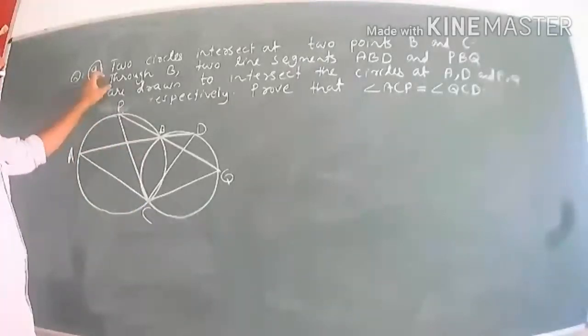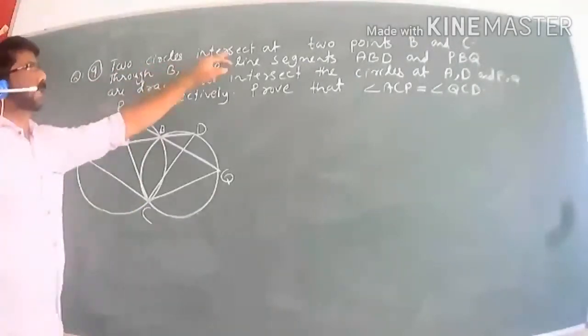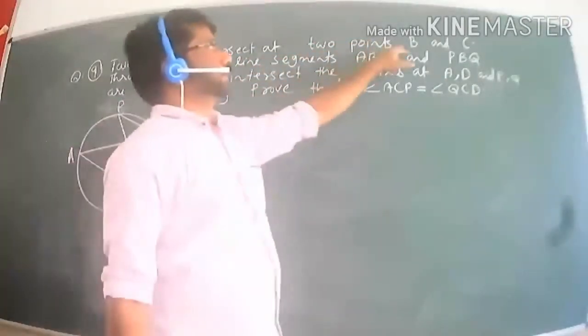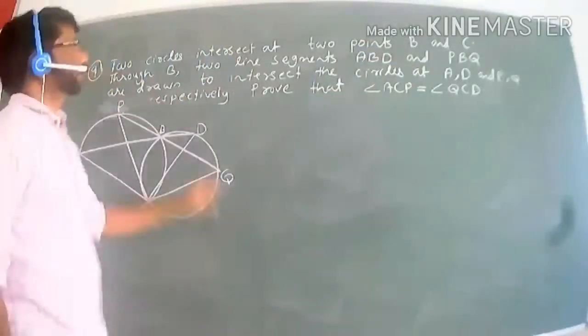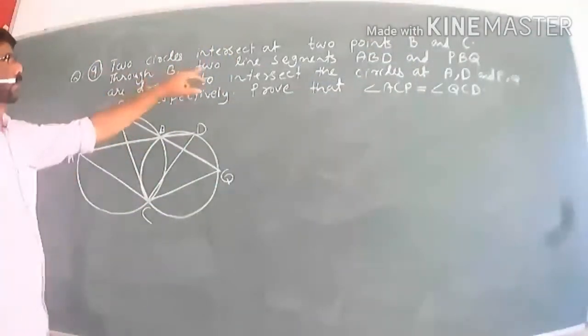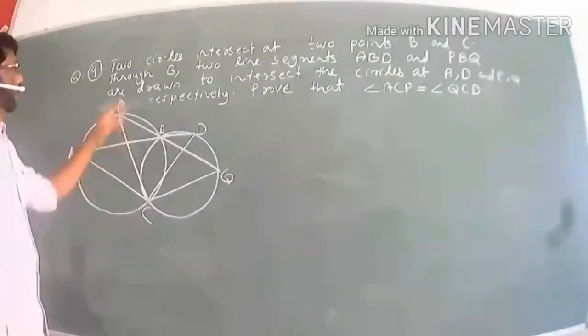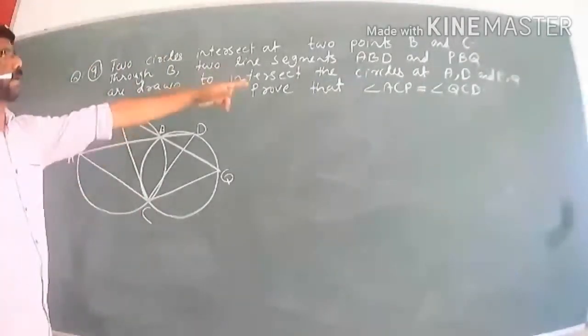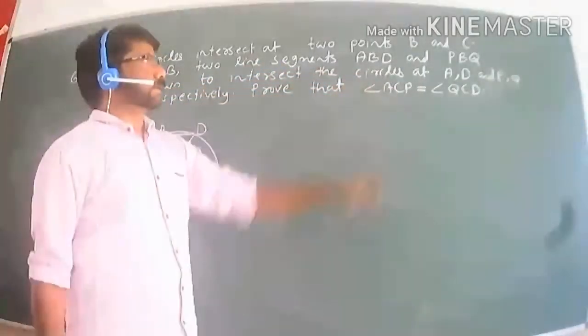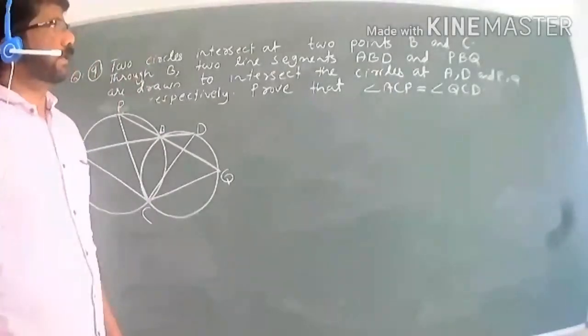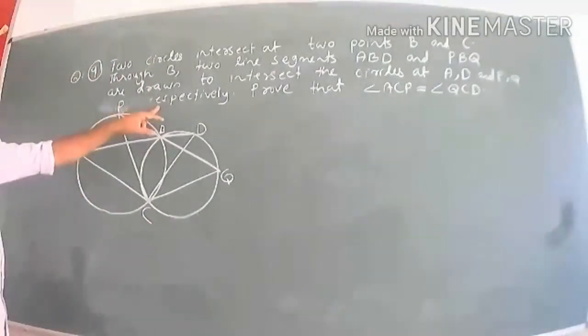Question number 9. Two circles intersect at two points B and C. Through B, two line segments ABD and PBQ are drawn to intersect the circles at A, D and P, Q respectively.